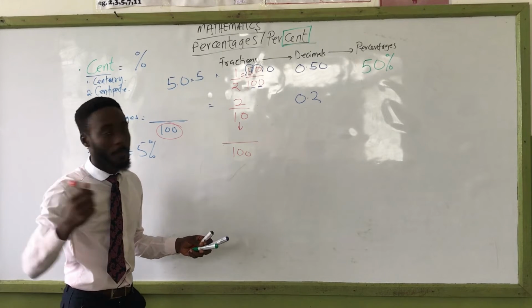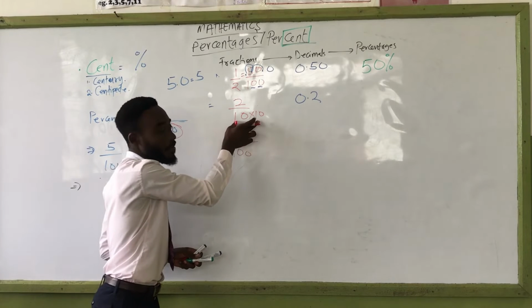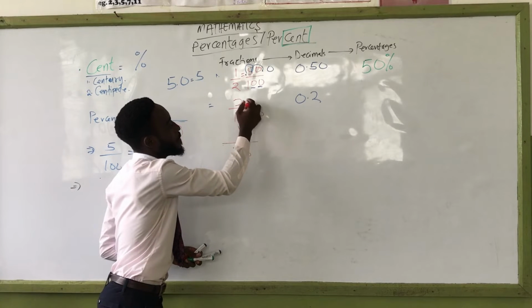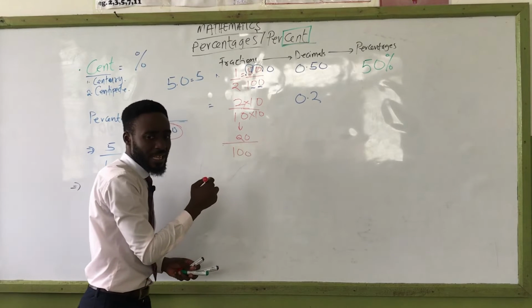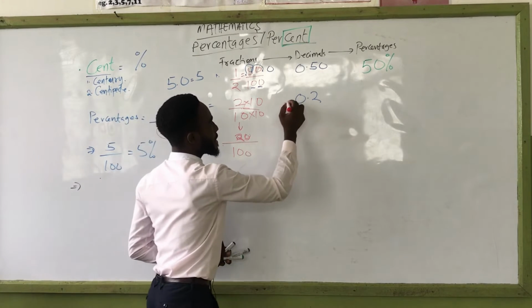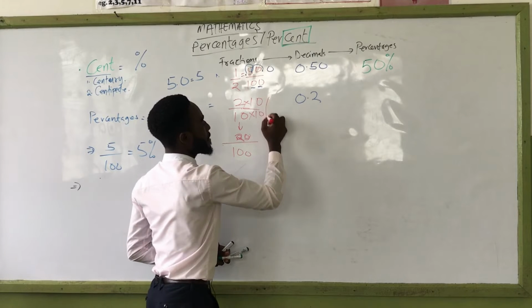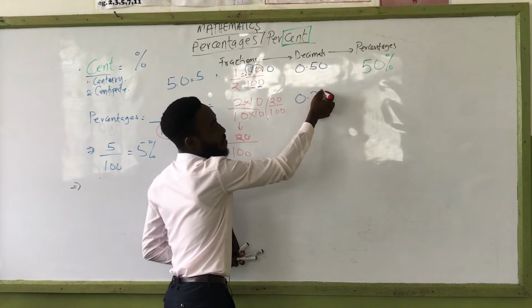And what would we do to this 10 to get 100? Multiply by 10. Good. And the golden rule, what to do to the top? So that would be 2 times 10. We get 20 over here. So 20 over 100. We can now write it like this: 20 over 100 is the same as 0.2 or 0.20.